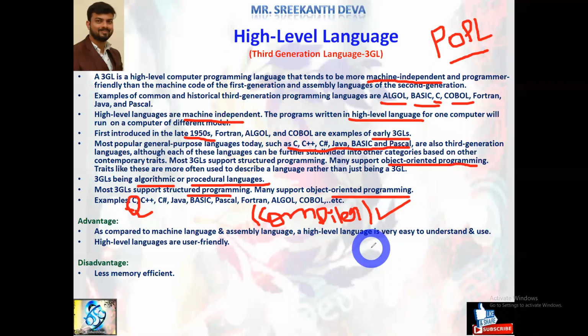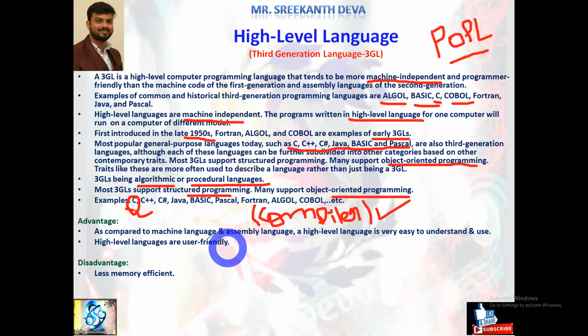Programs written in high level languages can be developed in very less time, and are easy to maintain. Machine independent, a very important point. The programs written in high level languages for one computer will execute on all other computers without any design issues.